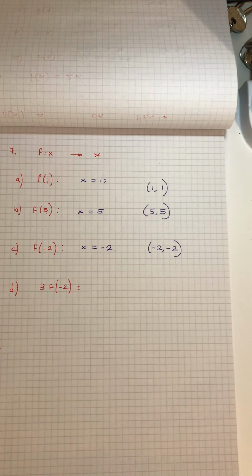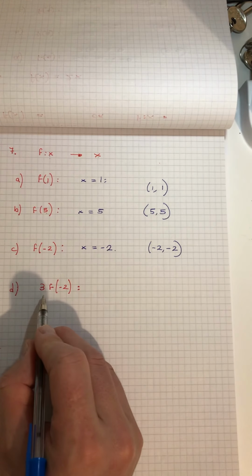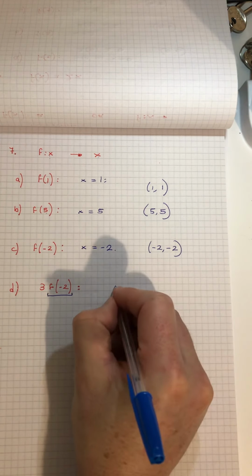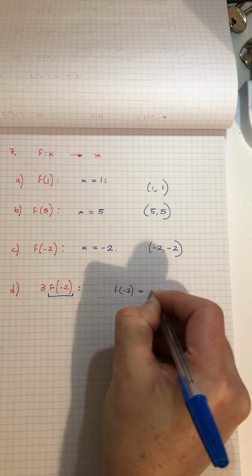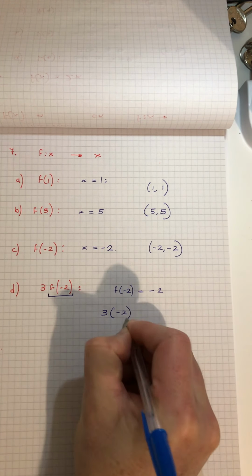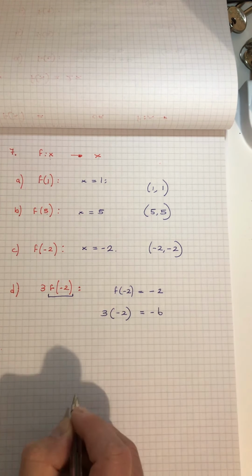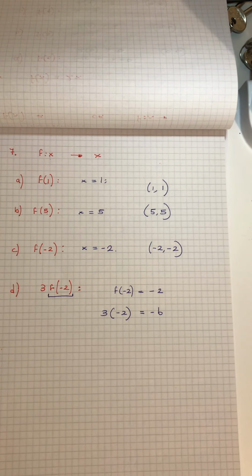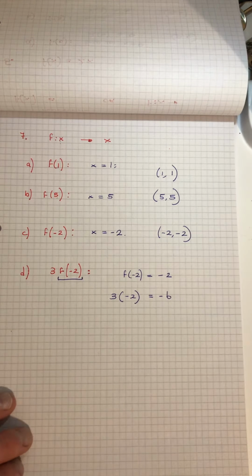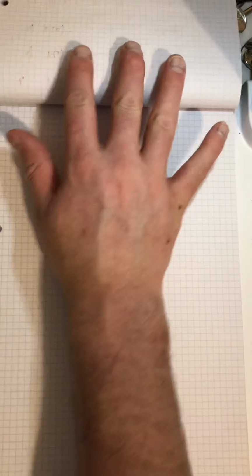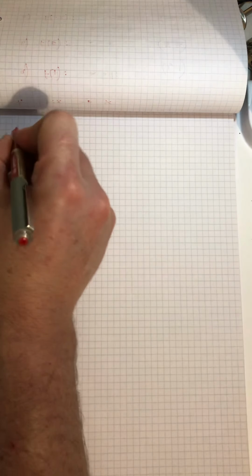Now, in this one here, it's 3 times f of minus 2. So we know that f of minus 2 is equal to minus 2. So 3 times minus 2 is equal to minus 6. Okay? And that's just a different version of a function for you. Okay? For question 7.